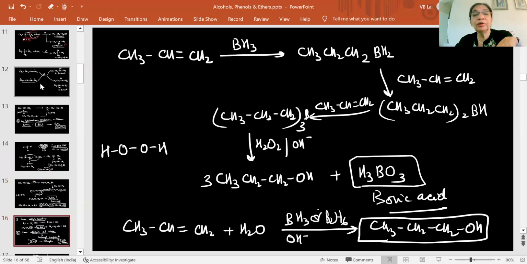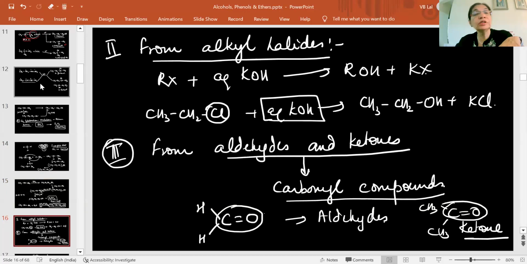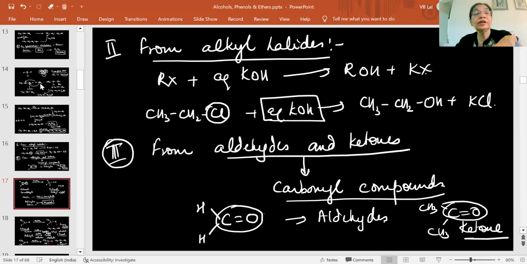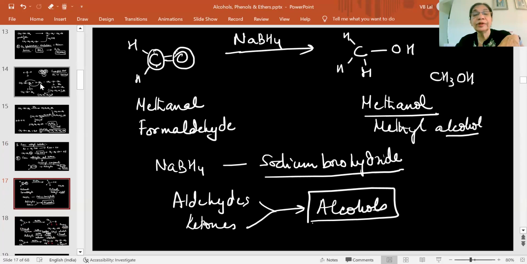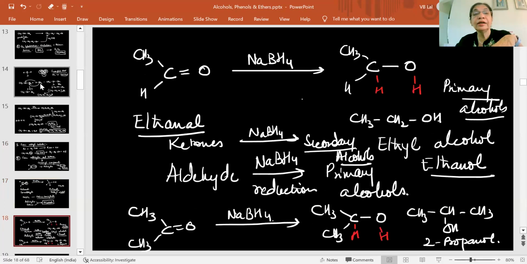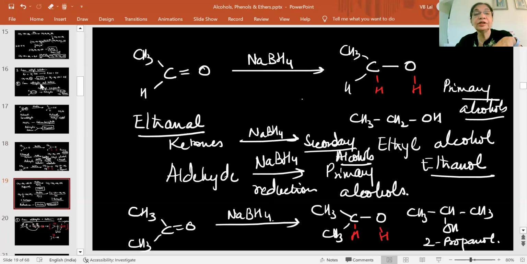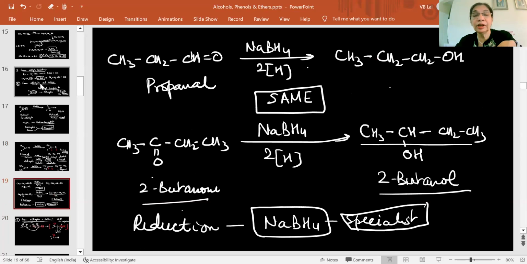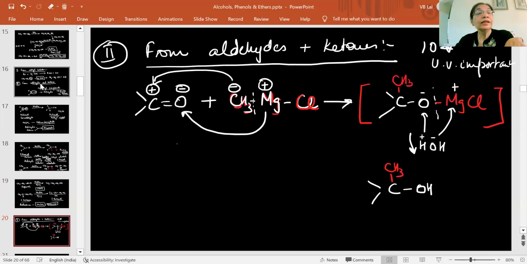Then we talked about preparation from alkyl halides, then from aldehydes and ketones, and we did sodium borohydride, NaBH4, all these reducing agents. Then we talked about how to prepare alcohols from aldehydes and ketones.